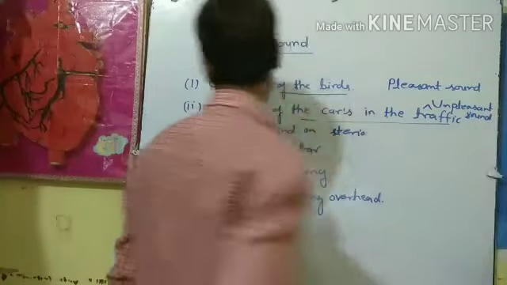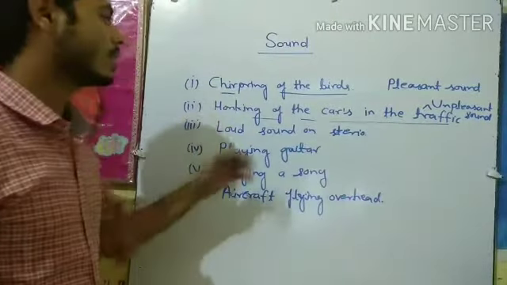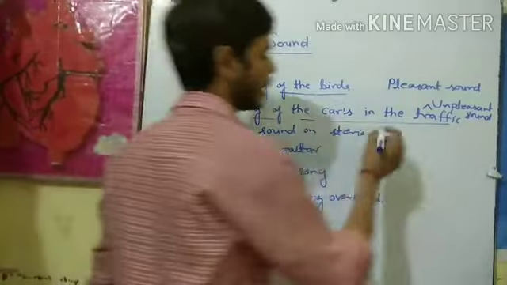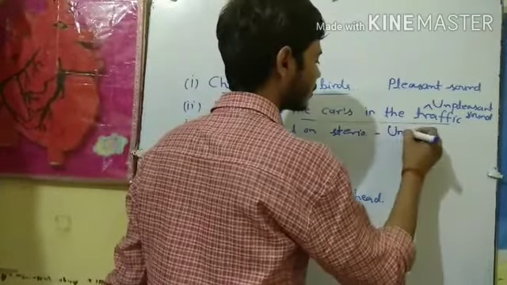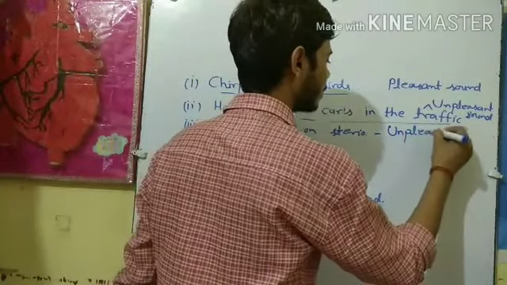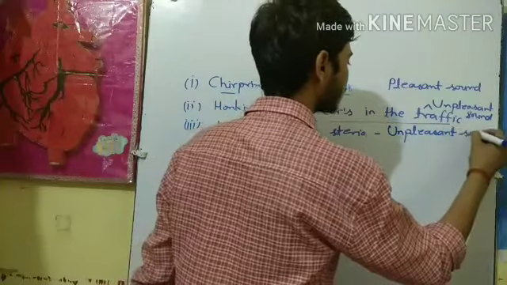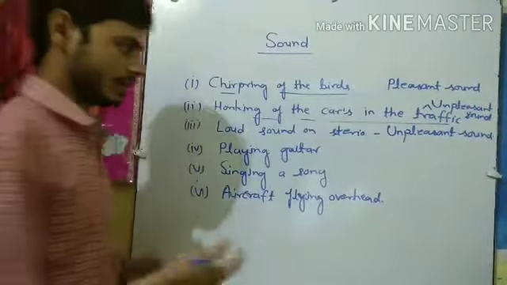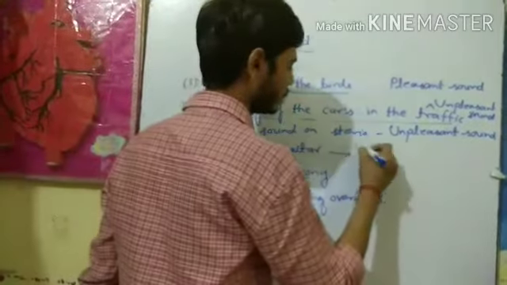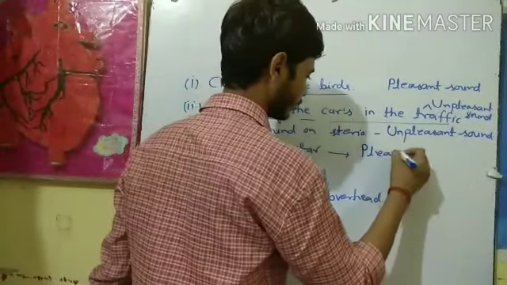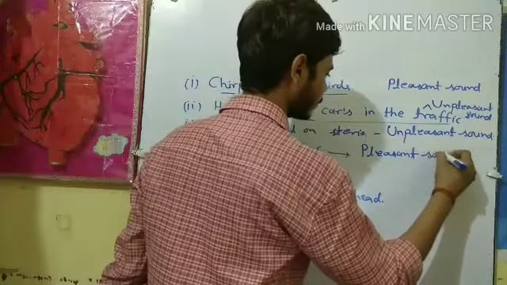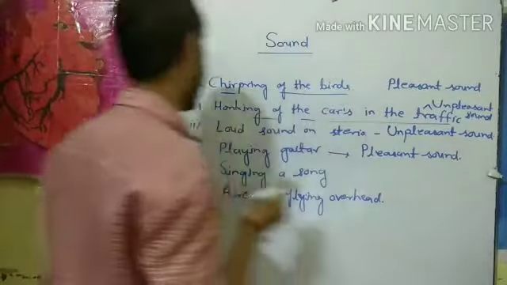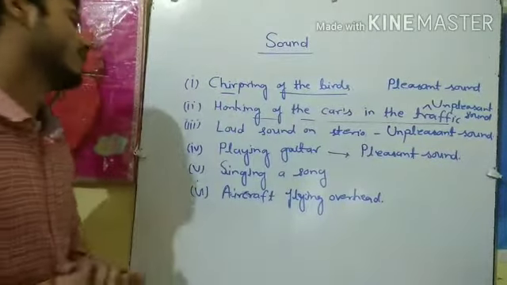And after that, loud sound on a stereo is also an unpleasant sound. The next one is playing guitar. It is a pleasant sound. The next one is singing a song.